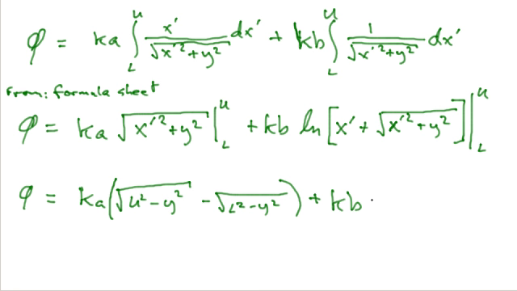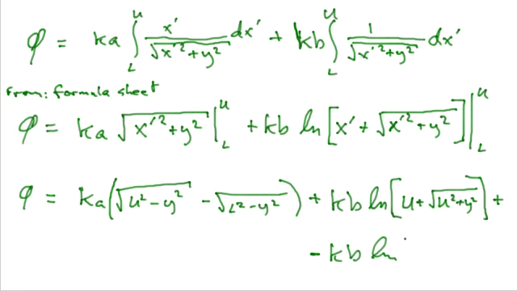So the natural log of u plus the square root of u squared plus y squared, and then plus a negative Kb times the natural log of L plus the square root of L squared plus y squared.